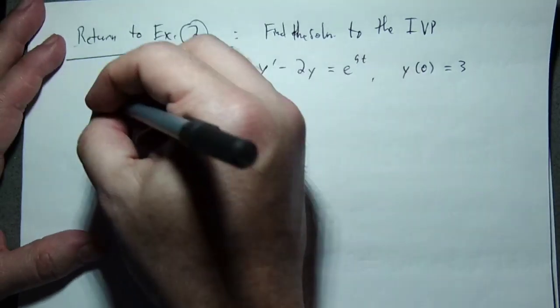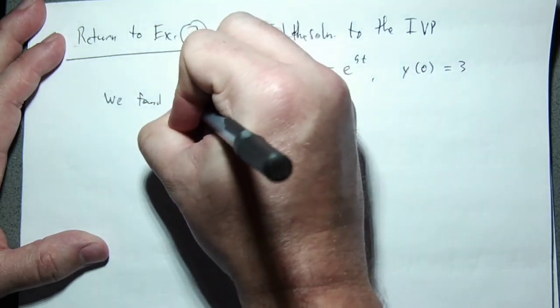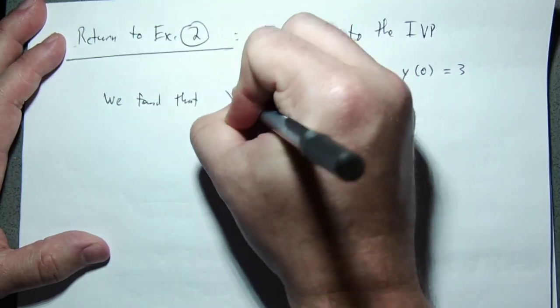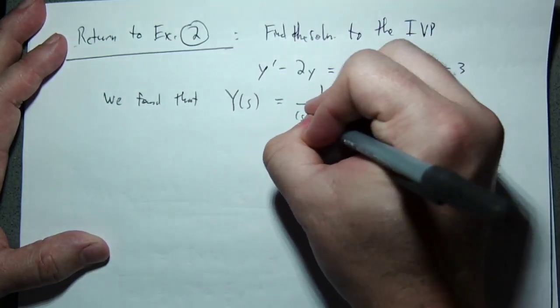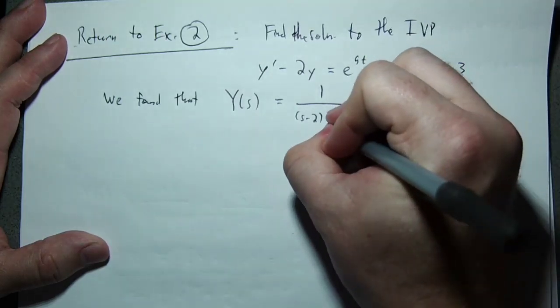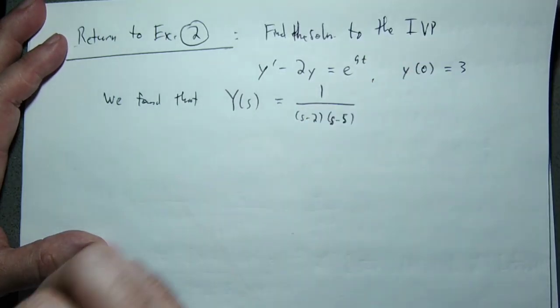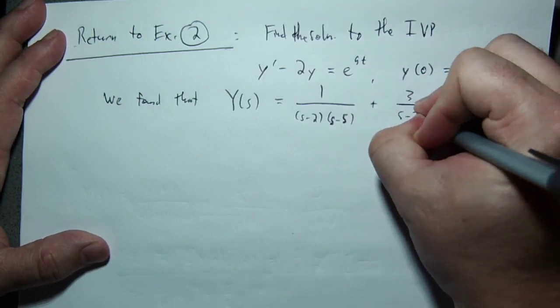We found that the Laplace transform of the solution, big Y of s, was 1 over (s minus 2)(s minus 5), plus 3 over s minus 2.